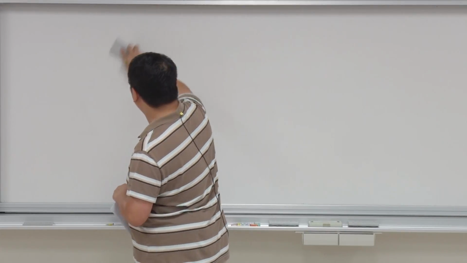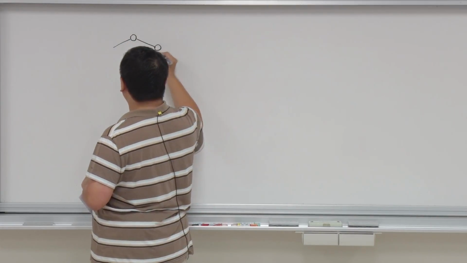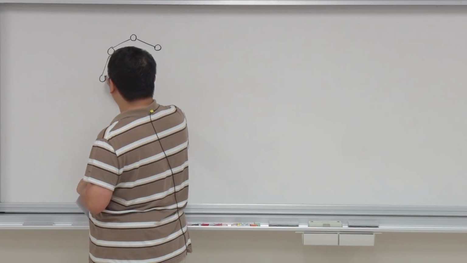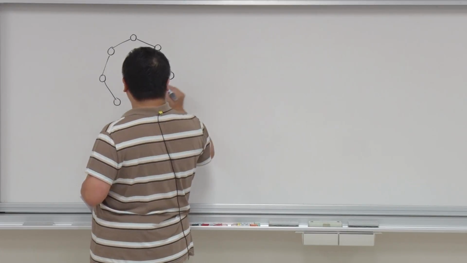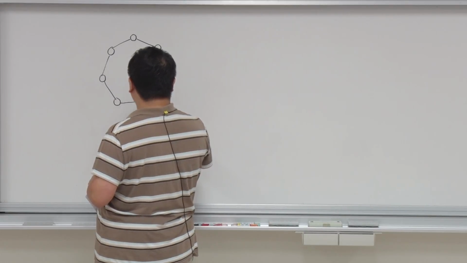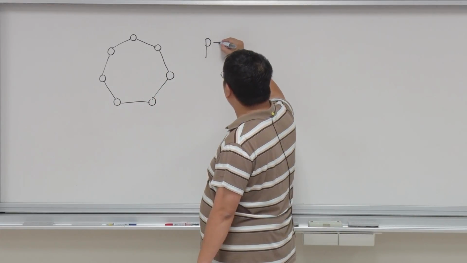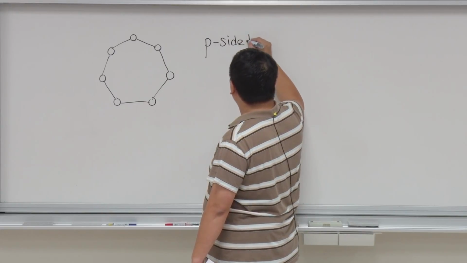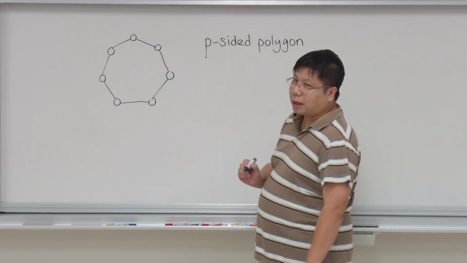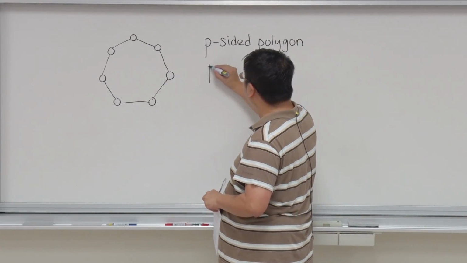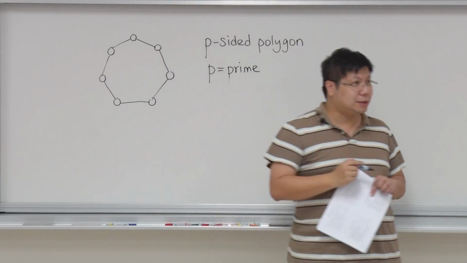Okay, so this is a regular p-sided polygon, and p is a prime. For instance, in my example here, p is equal to 7.